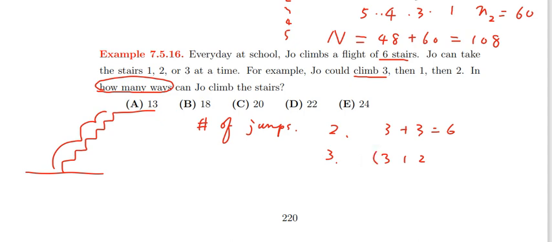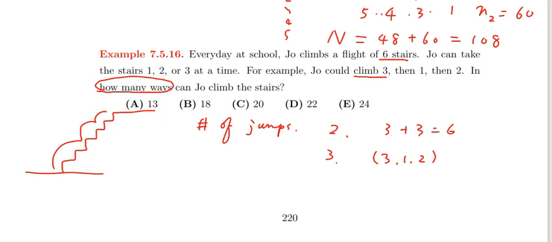Could it be that, right? So 3, 1, 2: the first one 3, second one 1, third one 2. Or it could be a permutation, like the first one 1, second one 2, and the third one 3.